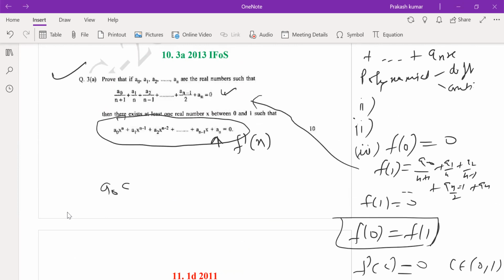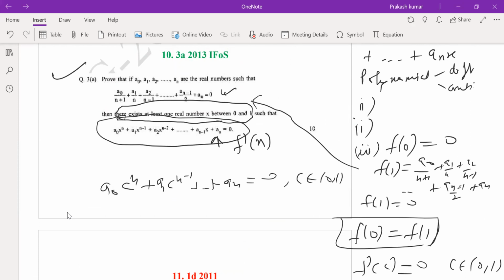Then a naught c to the power n plus a1 c to the power n minus 1, plus up to an, equals 0 for some c belonging to (0, 1). That is, it has a root between 0 and 1, and that was the condition, that there exists at least one real number x between 0 and 1, right? That's all we needed to prove in the question.